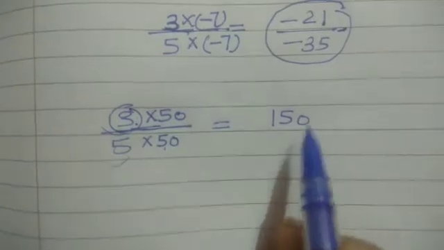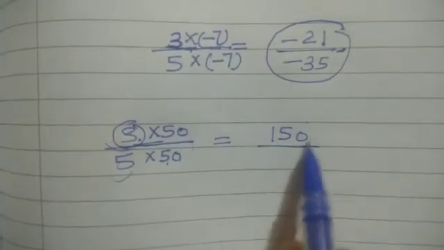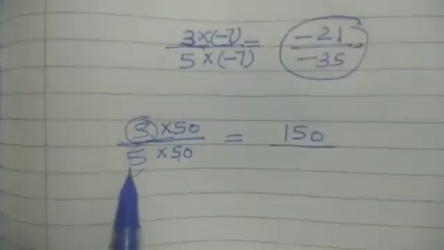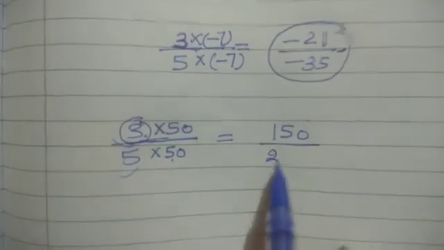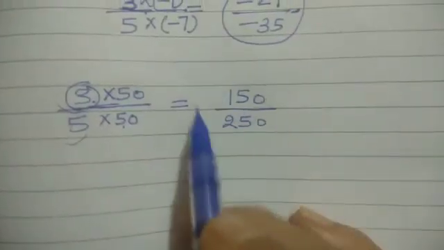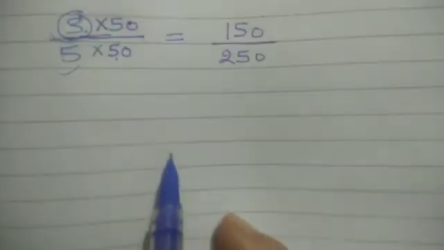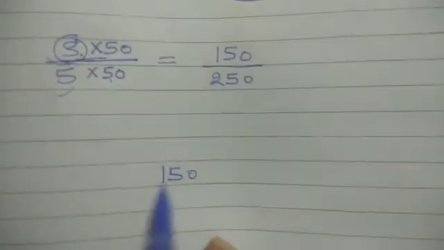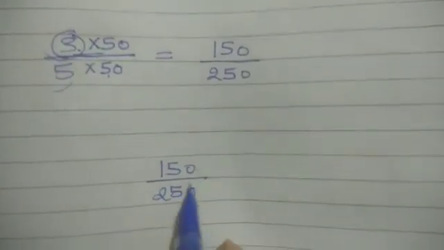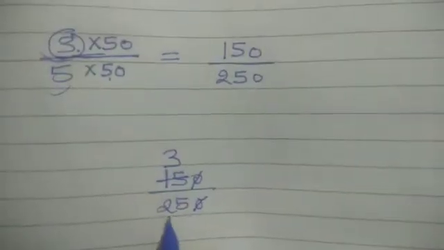Similarly here, 50 3s are 150. You want 150 in the numerator. So 50 5s are 250. If you solve 150 upon 250, you will get again 3 by 5. You can check 150 upon 250: the 0s get cancelled, 5 3s are 15, 5 5s are 25.